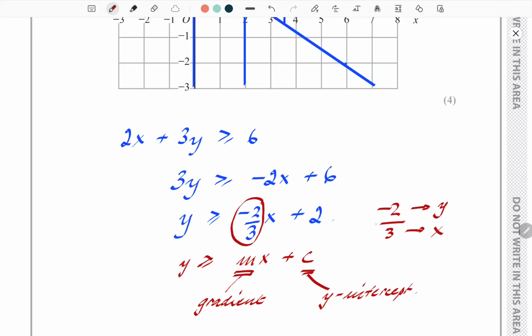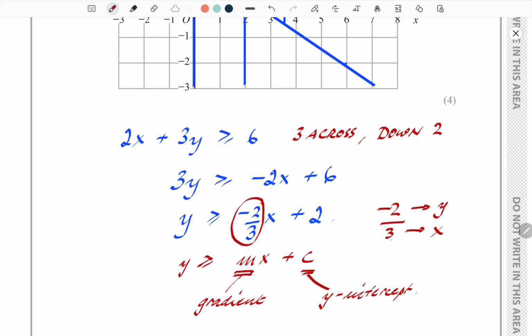How to interpret it, if you're not sure: minus 2 means, to put it into plain English, down 2. But usually you start with the x, so go 3 across, down 2.